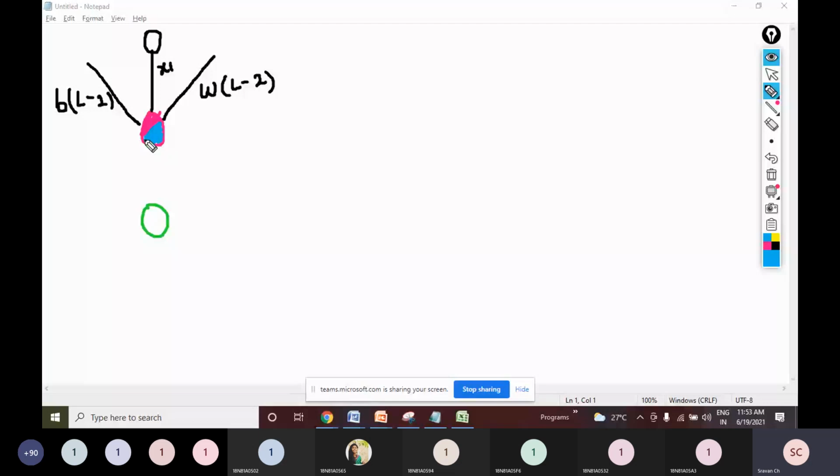So there are two things: the pink part represents the summation, and the blue part represents the sigmoid function applied on this product.